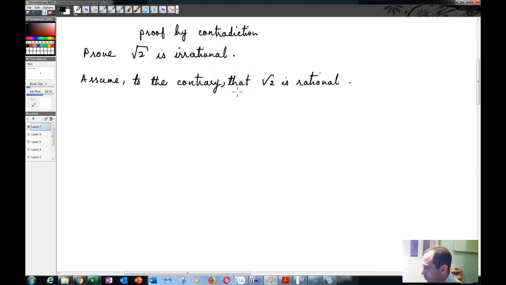Now let's go through the steps, and then I will talk about that more. So let's assume to the contrary that the square root of 2 is actually rational.